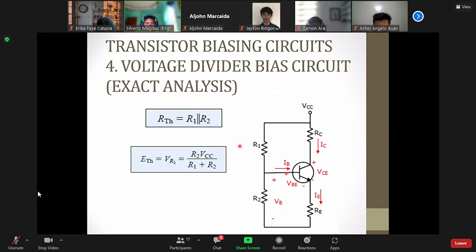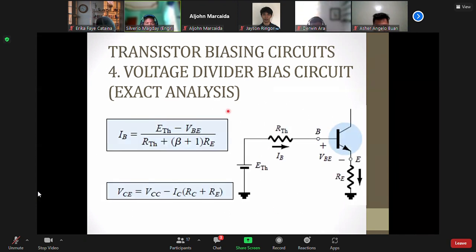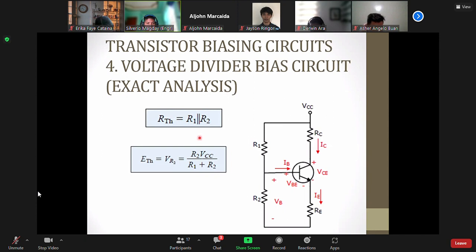So for the voltage divider analysis, we take the equivalent: ETH is VCC times your R2 over the sum of resistor 1 and resistor 2, taken across these two points. As the equivalent circuit, it becomes like this. So we solve your ETH, and your RTH is simplified as the parallel connection of your R1 and R2.